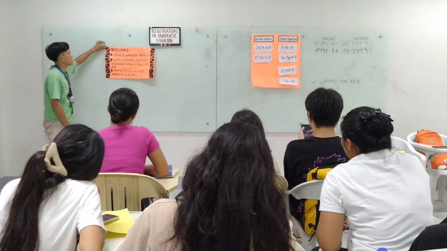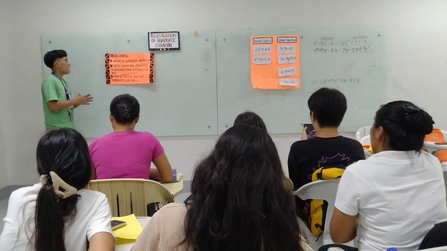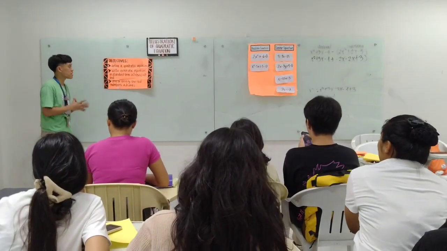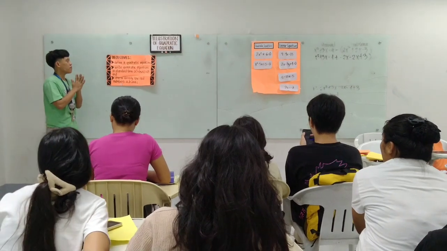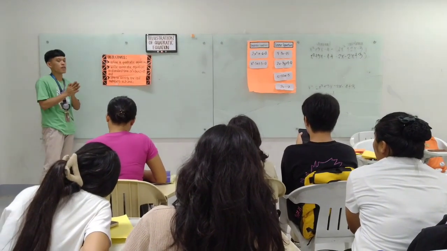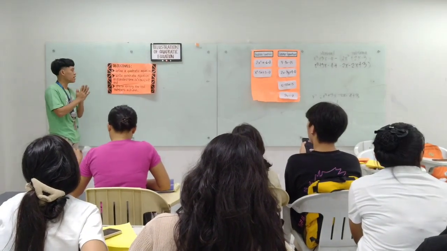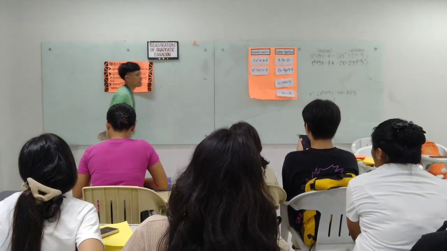So for today's discussion, we'll define what a quadratic equation is, and at the end of this lesson, you will be able to write the quadratic equation in standard form, and lastly, identify the real numbers a, b, and c.